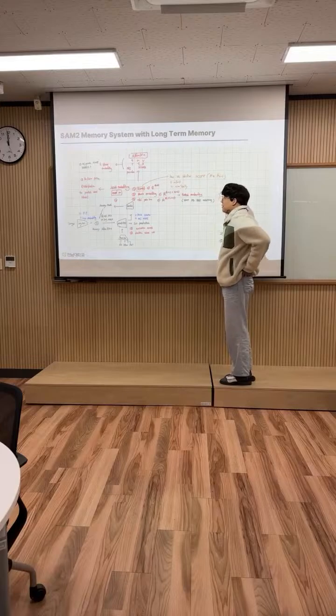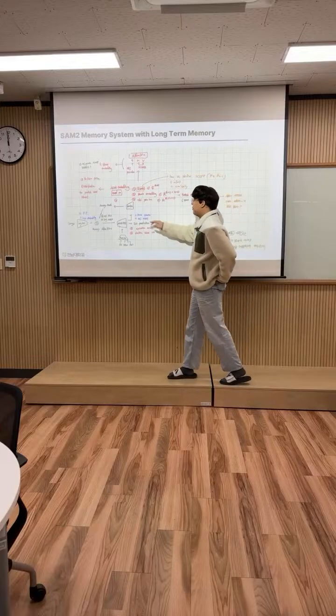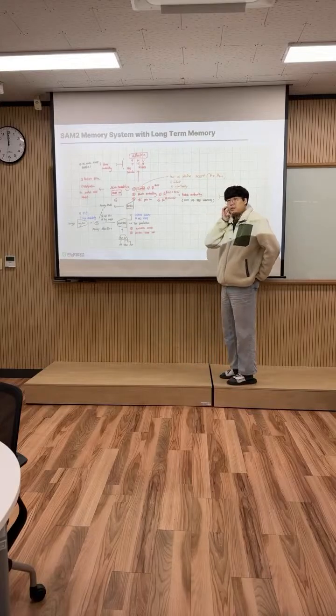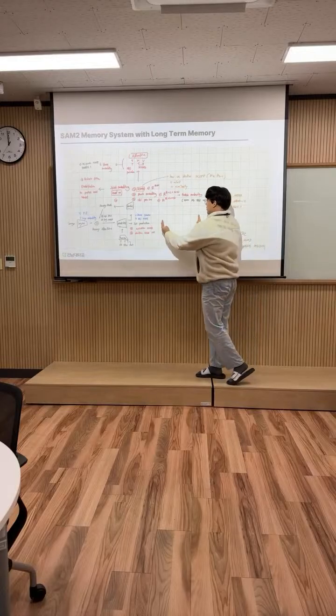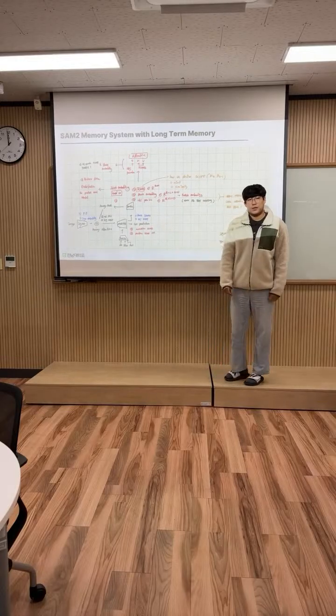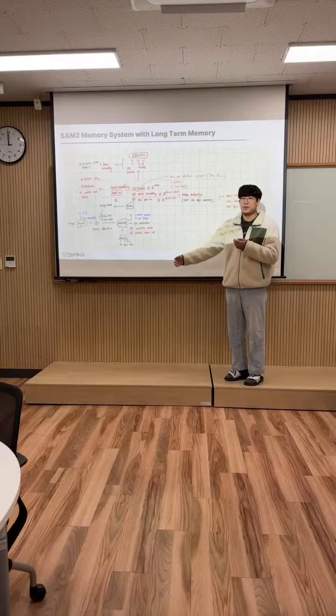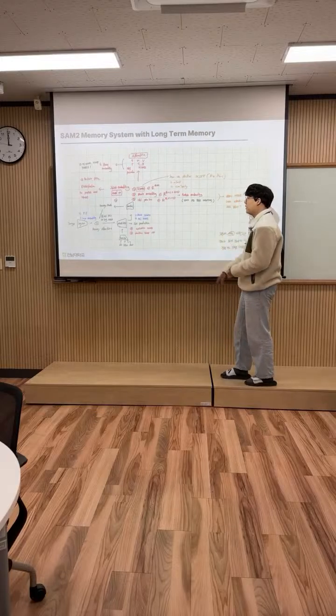Also, the joint embedding or memory system is currently used only for video prediction. Video prediction means only fixed sequences. But I think for further development, it can be done on real-time videos.